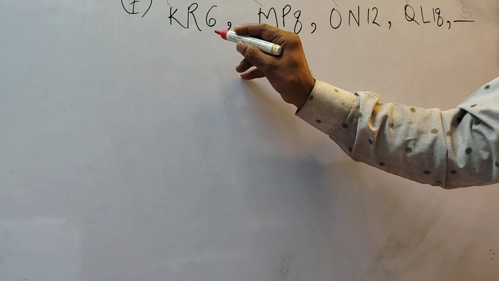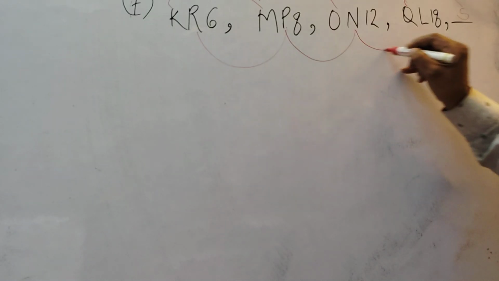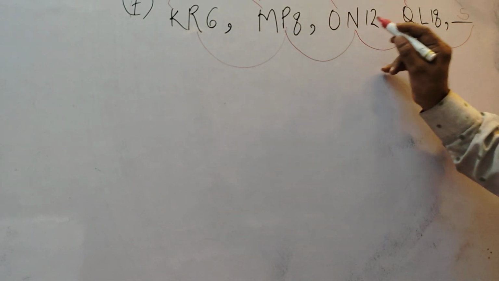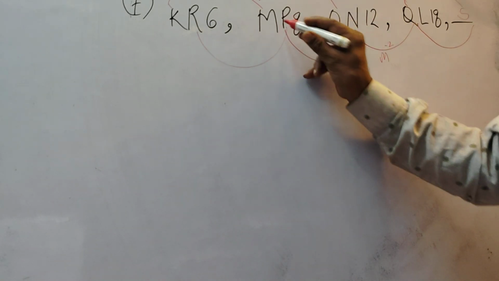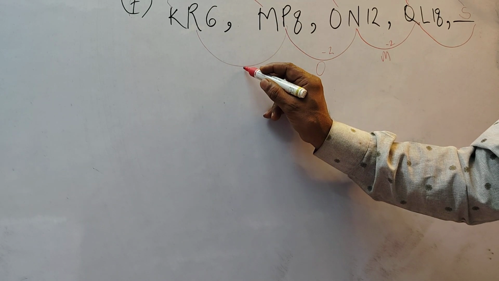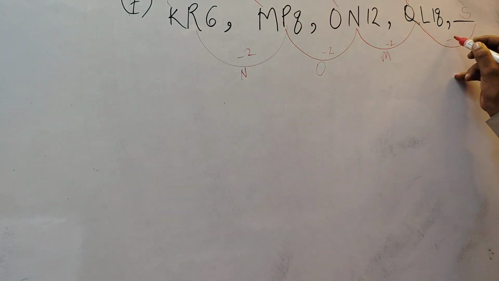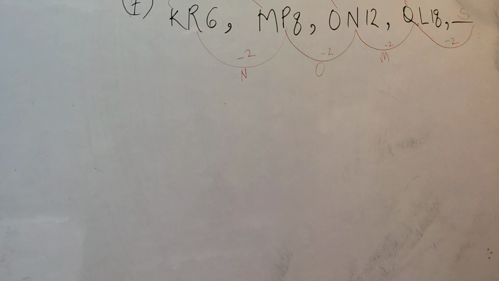Now in the second letter, there is minus 2. This is the reverse alphabet, so we can say minus 2. So L, M is missing, N, O is missing, P, Q is missing, M, after M, N is missing, then R. So minus 2 is there. So according to minus 2, J will come. K is missing, L. Is it clear?